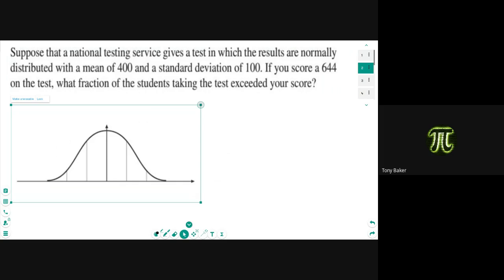If the mean score is 400 and the standard deviation is 100, what's the maximum standard deviation, or how many steps could we go, since the maximum score on the SATs is 800? 4. So your table doesn't even go up to 4 for standard deviation.